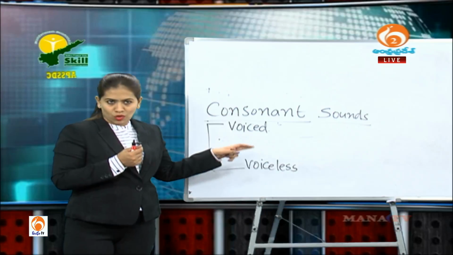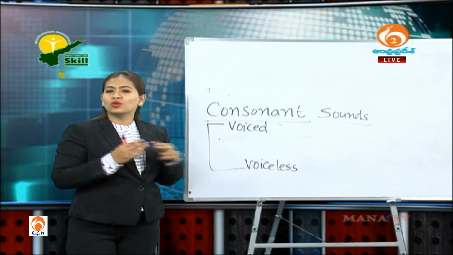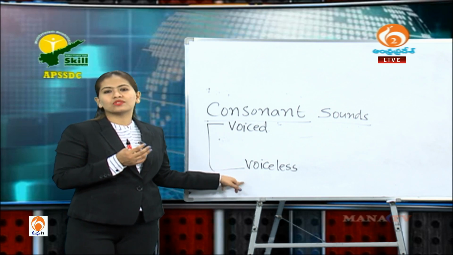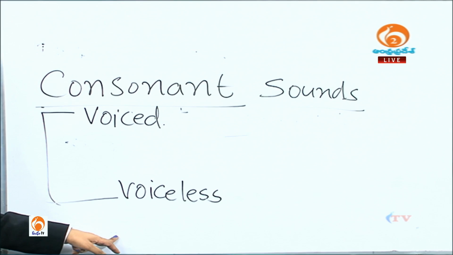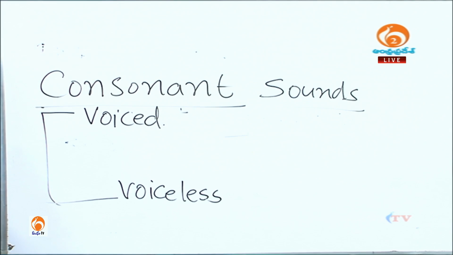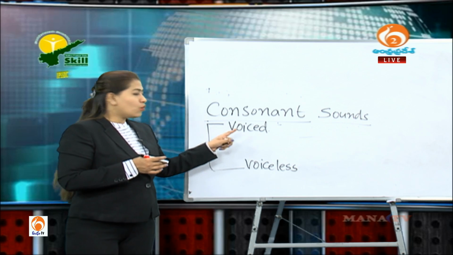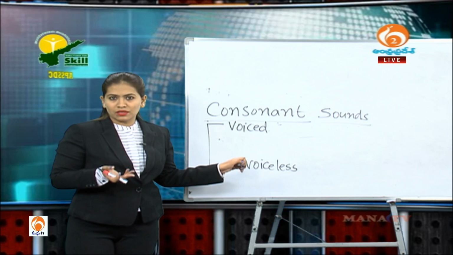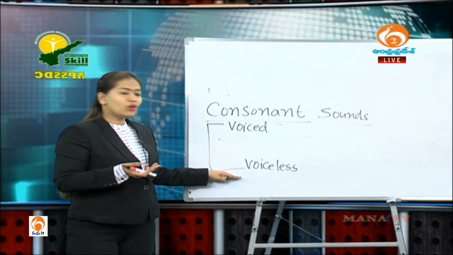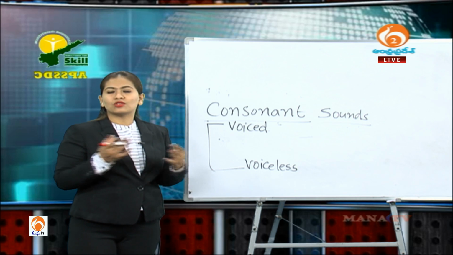So vibration corresponds to voiced sounds, and no vibration corresponds to voiceless or unvoiced sounds. For clarity once again: voiced sounds are where I sense the vibration, unvoiced or voiceless sounds are where I do not.